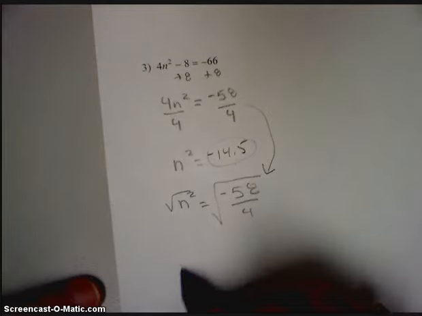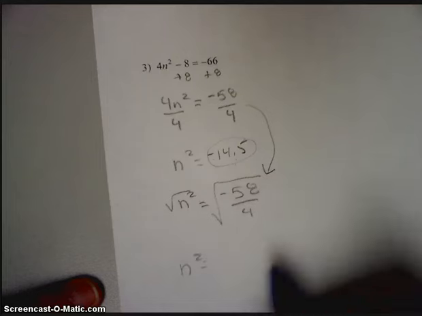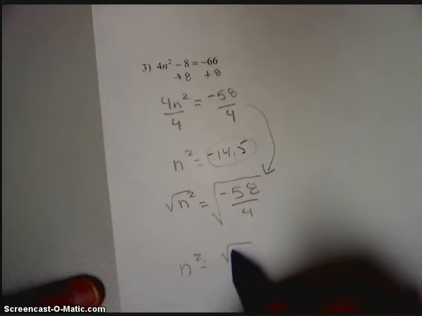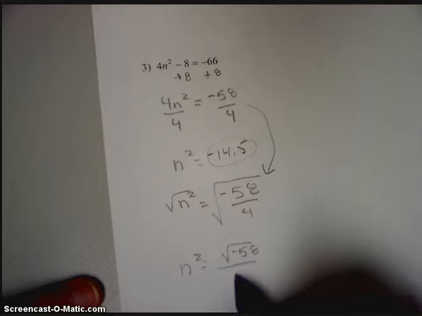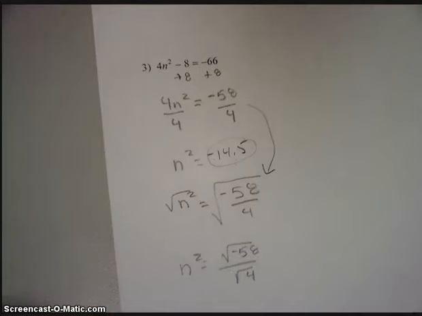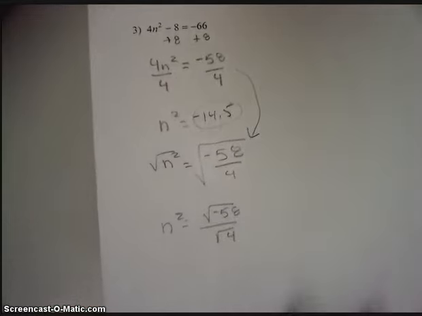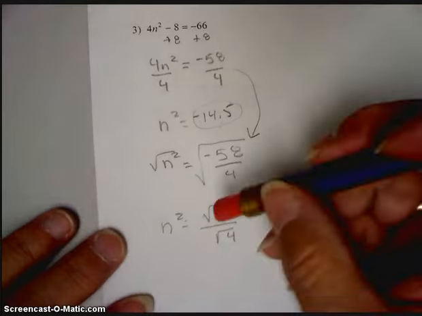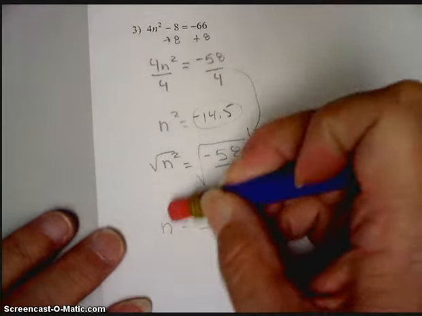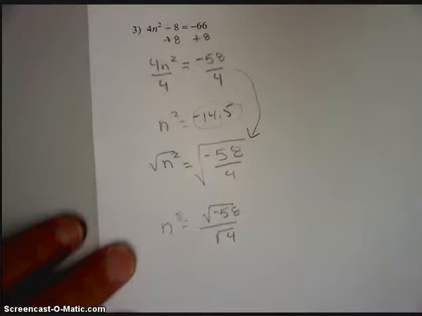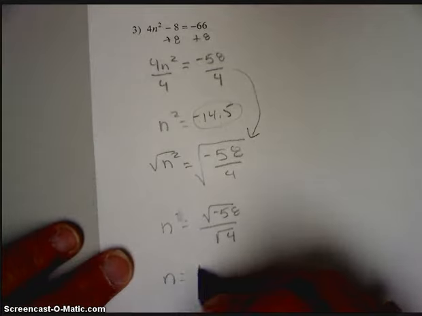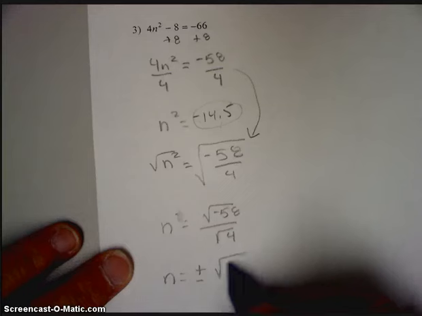Okay, and then we would have the square root of negative 58 over the square root of 4. And we know this would be just n because I took the square root of it. So I would have n equals plus or minus the square root of negative 58 all over 2.